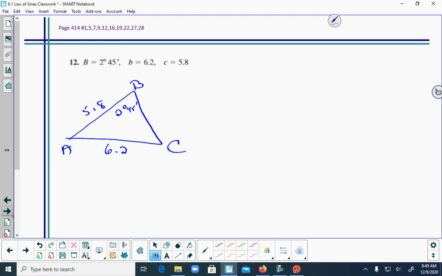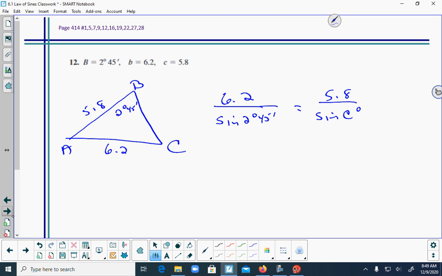So I have two sides, so I'm going to look for angle C first. I'm going to say 6.2 over the sine of 2 degrees 45 minutes. Again, if you don't want to deal with that in your calculator, you're going to change that to degree decimals. And I'm going to do 5.8 over the sine of C degrees.